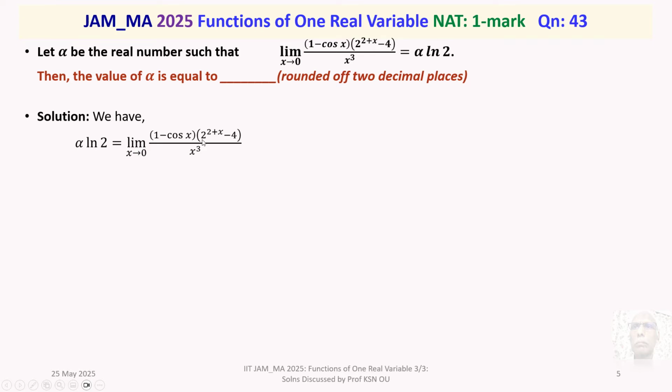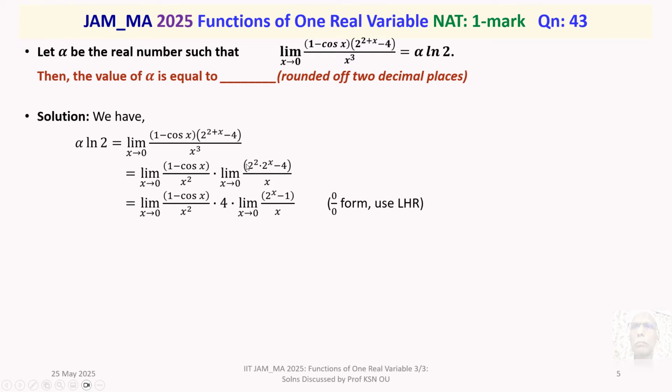Limit of the product is equal to product of their limits, that is limit x tends to 0 of (1 minus cos x) by x square, into limit x tends to 0 of 2 power 2 plus x, which we have written as 2 square into 2 power x minus 4, whole by x. 2 square is 4, so we can take 4 common. This is equal to limit x tends to 0 of (1 minus cos x) by x square, into 4 times limit x tends to 0 of (2 power x minus 1) by x.